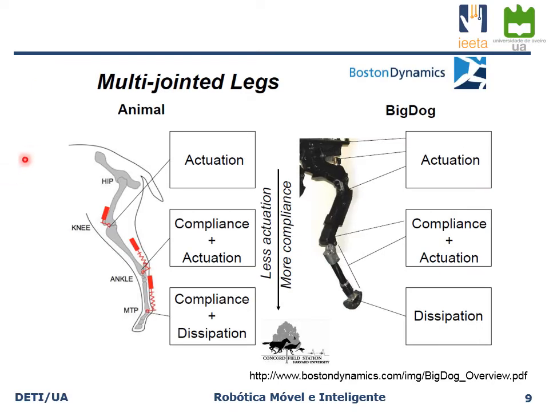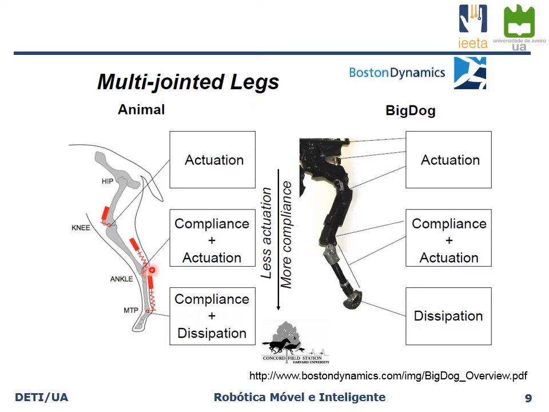Just as a matter of curiosity, in the case of the Big Dog, what they do is to somehow replicate an animal leg in each of the legs of the Big Dog. This is the example of an animal leg, such as a dog, for instance. And we have a series of joints, and together with the joints there are some muscles that are responsible for different levels of actuation. For instance, this top one is only responsible for actuation, so it exerts force basically.